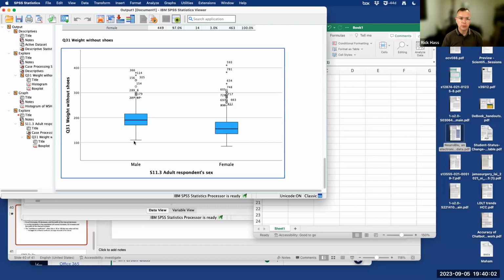The whiskers go out, I forget the exact place where they go out to, but they go out pretty far into the percentile distribution, something like 90-ish and like 1%. And then anything that's outside of the whiskers is denoted as an outlier.